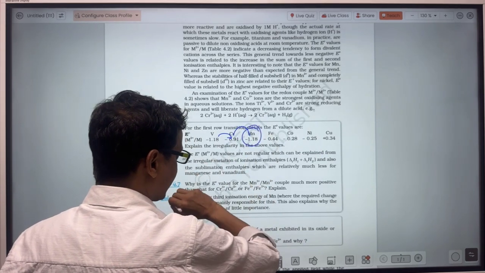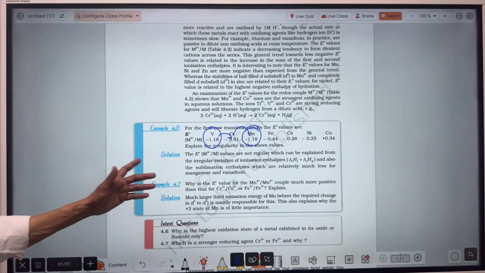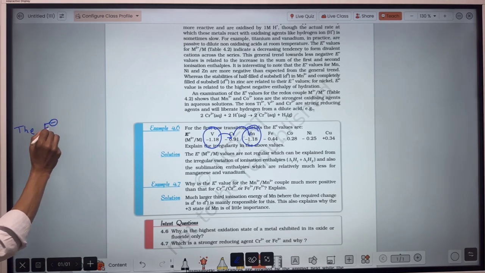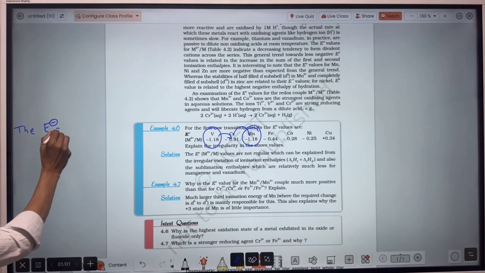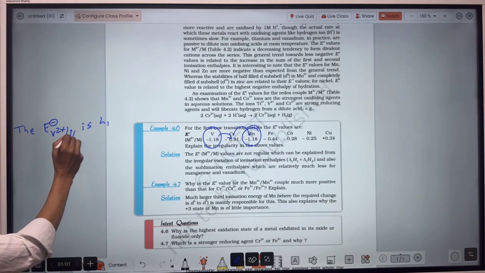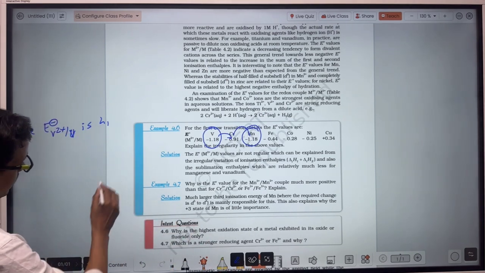Firstly, the standard electrode potential of vanadium is highly negative because its sublimation enthalpy is very low. Write that here: the standard electrode potential of vanadium V is highly negative. It's V, not U. So don't be confused here.